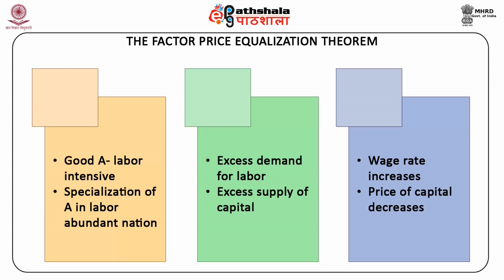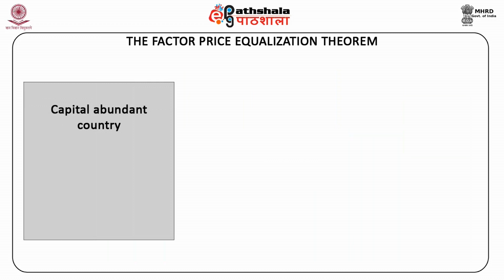The conclusion is that in a labor abundant country, trade will cause the price of labor to increase and the price of capital to decrease. In a capital abundant country, the reverse reallocation occurs.